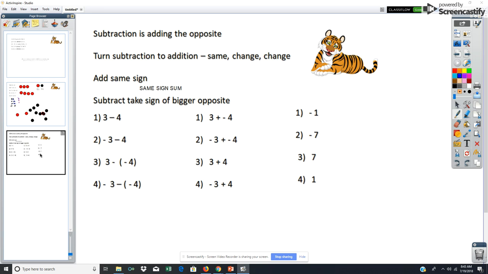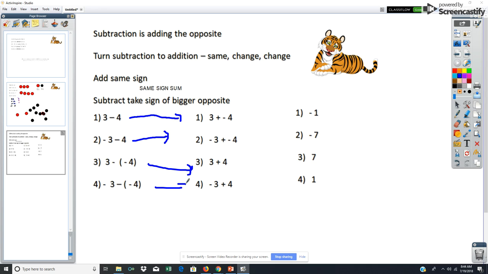The thing is, you don't do that to addition, you only do it to subtraction. And then if you ended up with the same sign, you add them: same sign, sum, and take the sign that's there. If you have different signs, you subtract them and take the sign of the bigger number. So here we have all of the subtraction statements turned into the addition statements, just as we have been doing.